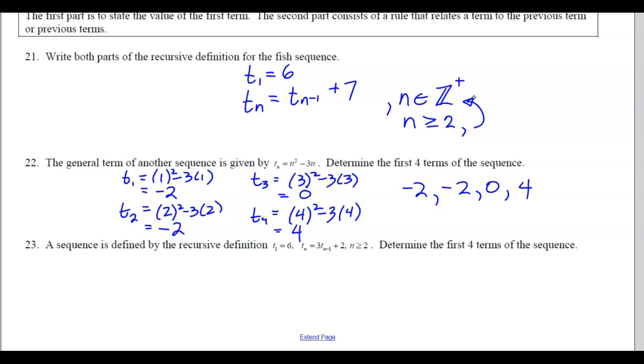Okay. So T1 is 6. T2 will be 3 times 6 plus 2. T3 will be 3 times that previous answer plus 2. So you can see I can't figure it out until I go through each step.